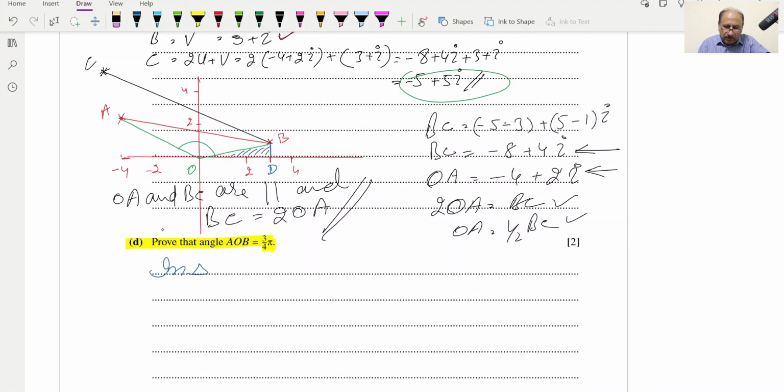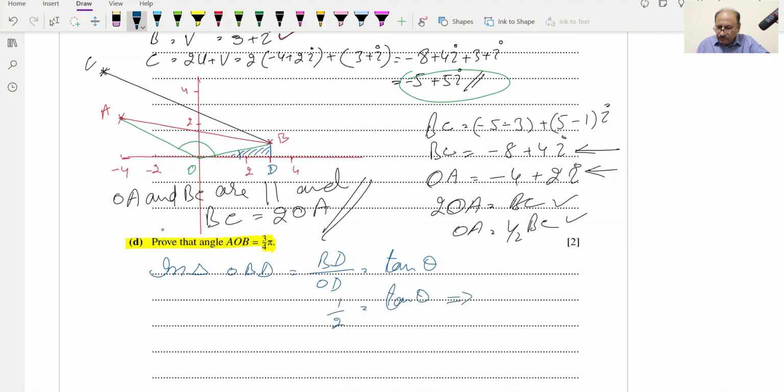In triangle OBD, we can find this angle: tan of theta is equal to BD over OD, and BD is 1 and OD is 2. So tan theta is 1 by 2.